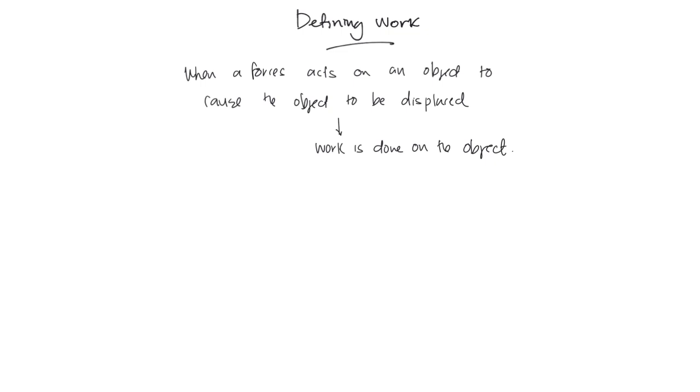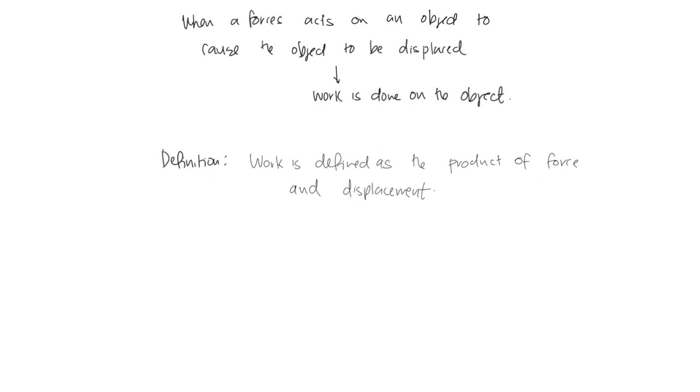So when I look at the definition, it says that work is defined as the product of force and displacement covered by an object in the direction of the force.